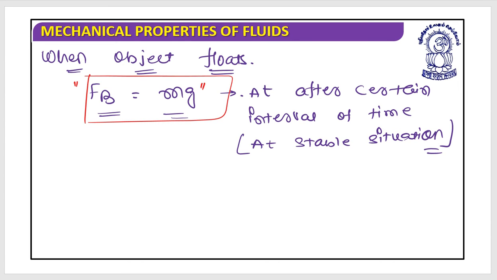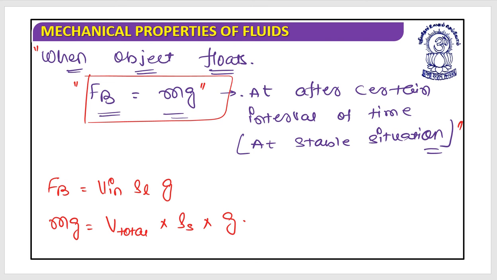When they ask about an object floating, just write FB equals mg, while FB can be written as V into density of liquid into g, while mg, if required, with total volume, is V total multiplied by density of solid into g.